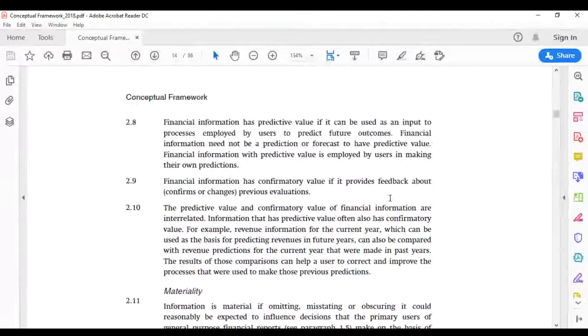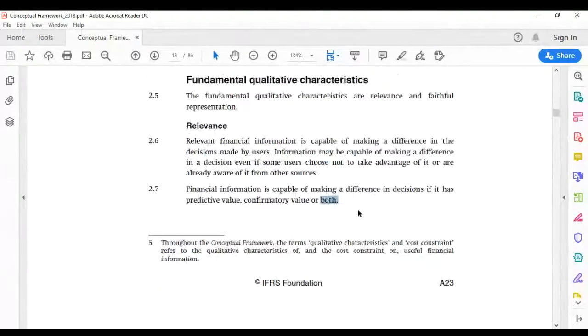Now you can read through those paragraphs. I just want to talk about that in general. So let's maybe start with confirmatory value. What is confirmatory value? That confirms something that happened in the past. Now, by its very definition, financial statements provide you with historical figures, right?